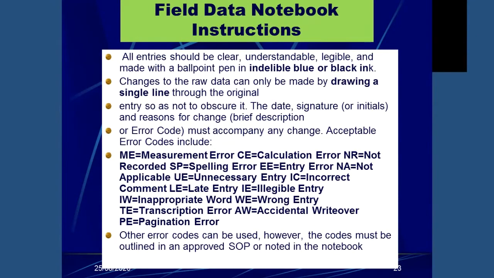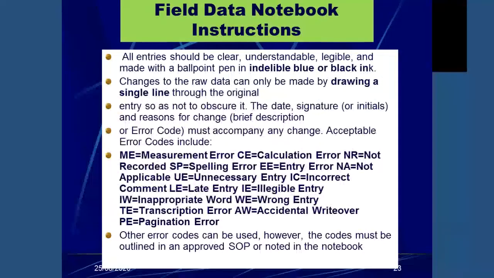Okay? So ME can mean if there's a measurement error, CE can mean calculation error, NR means not recorded, SP is spelling error, and so on. You can use these if you like, or you can develop your own. Whatever you use, it has to be documented and the codes must be outlined either in the SOP or in the notebook.